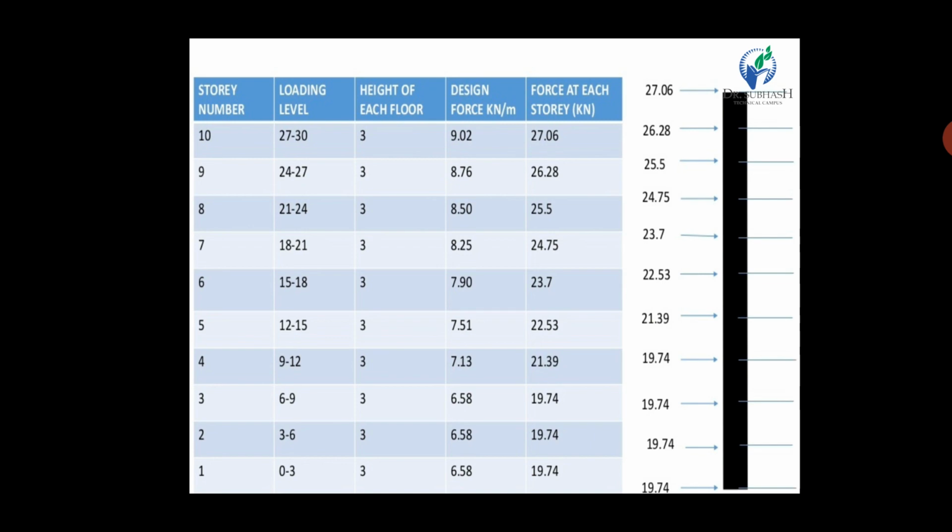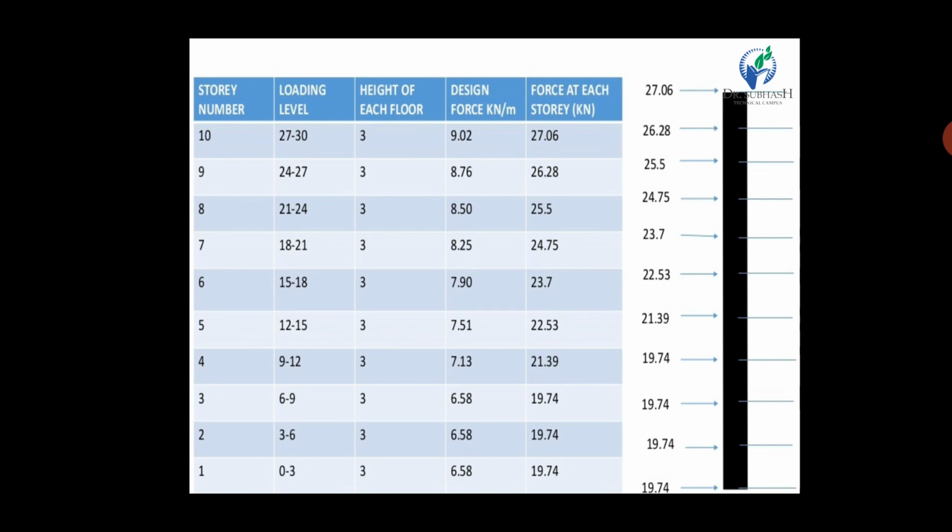For the force at each story, we multiply the design force by the height. Finally we get the force at each story in kilonewton. For the 10th story it is 27.06, and for the first story 19.74. You can see that up to 10 meters there is no change in the force of each story.